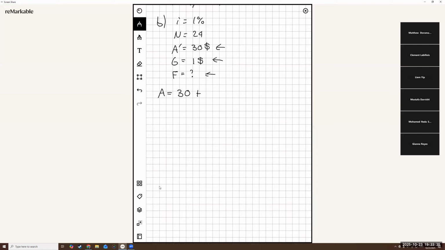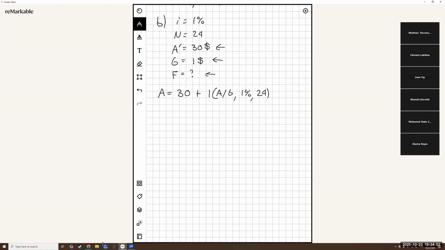What we do have to adjust is the increasing $1 per month. And that is a G value. We want it in terms of an A. So let's use the A/G formula at 1% for 24 months, for 24 terms. Okay.